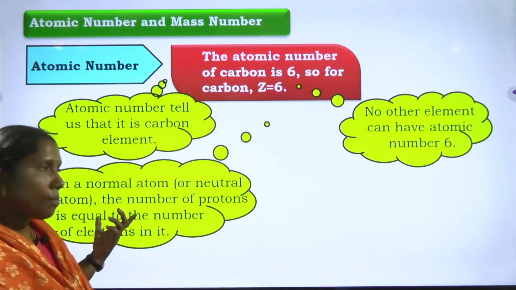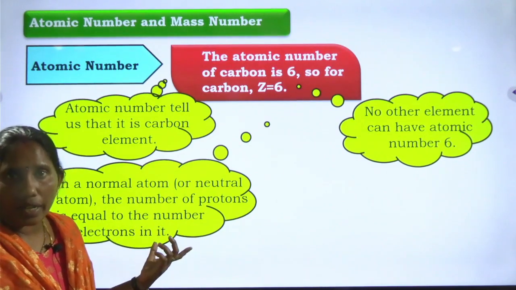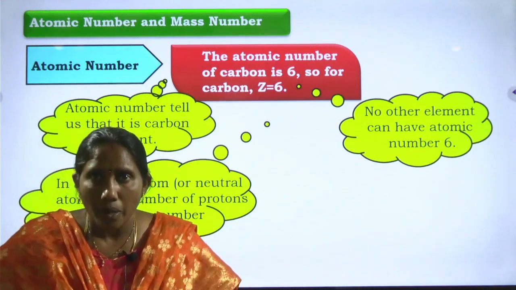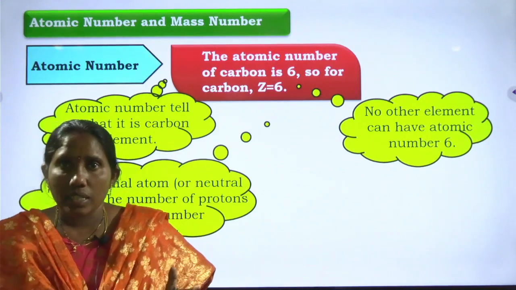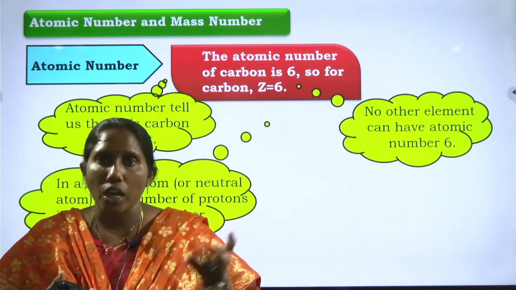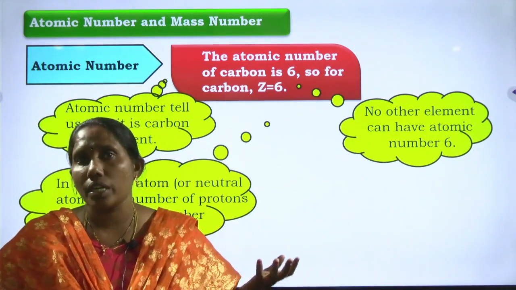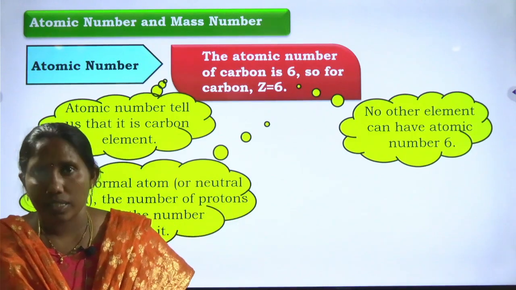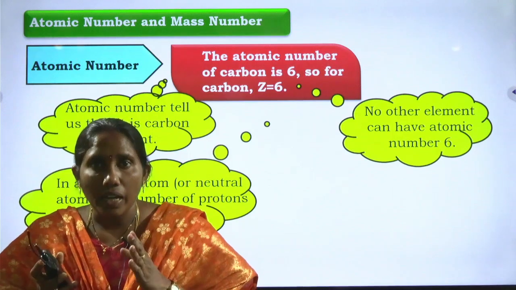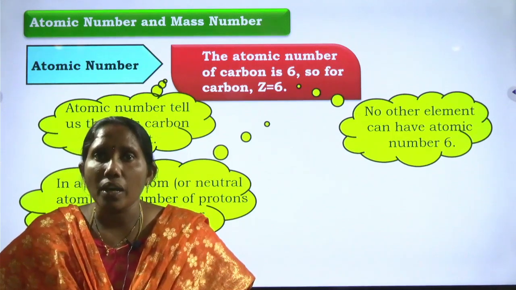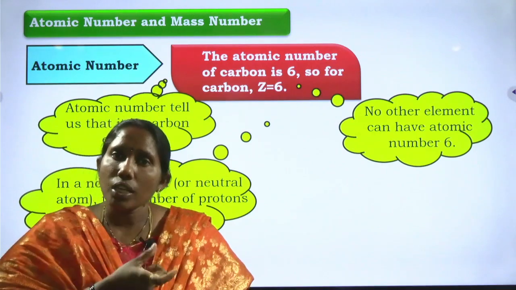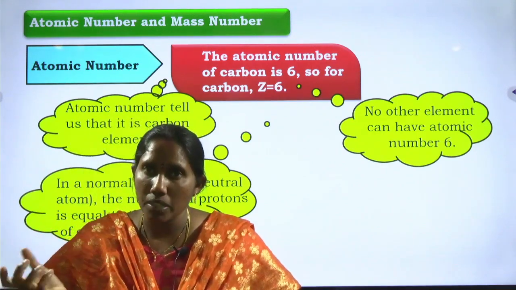Now, in a normal atom or neutral atom, what does a normal or neutral atom mean? One atom is considered, as we know, to have some subatomic particles: electrons, protons, neutrons, because we have studied this in the earlier theories, right? If one atom has the same number of protons and the same number of electrons, protons mean positive charge and electrons mean negative charge.